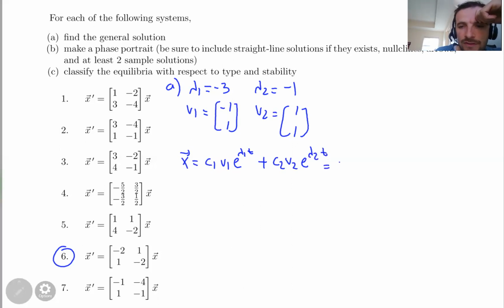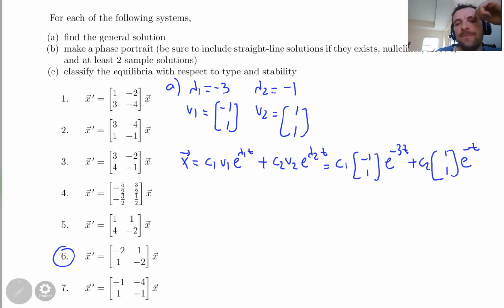So C1 is just a constant, V1 is the first eigenvector, (-1, 1), e to the -3t, plus C2 times V2, (1, 1), e to the -t. This is the general solution.